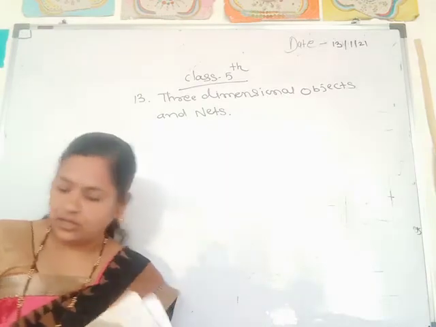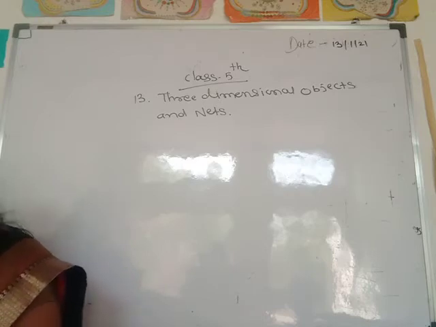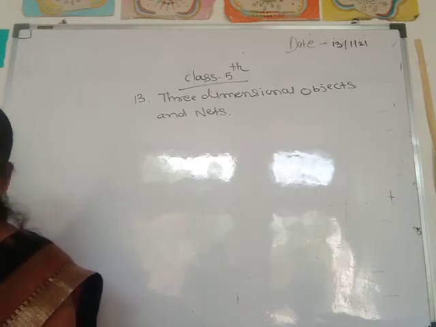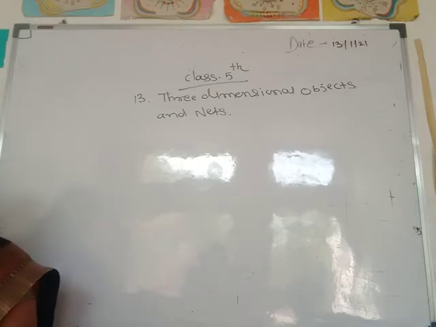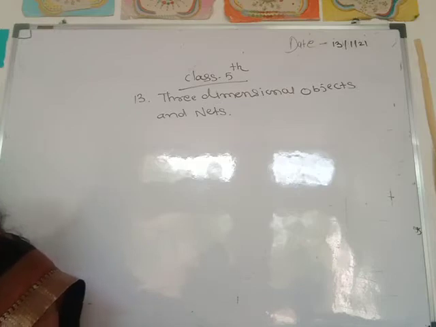Three-dimensional objects are objects whose length, width and height can be seen, felt or measured, and books, glasses and tables are some three-dimensional objects.